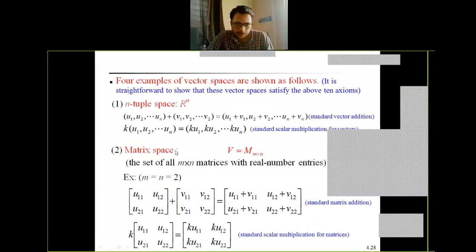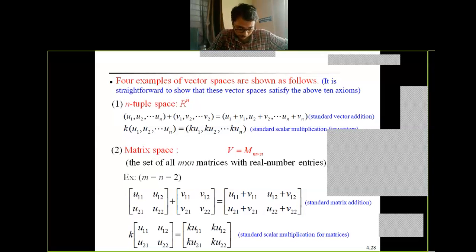So n-tuple space, matrix space, these spaces are defined once we understand what the vector spaces are. So these are four examples.